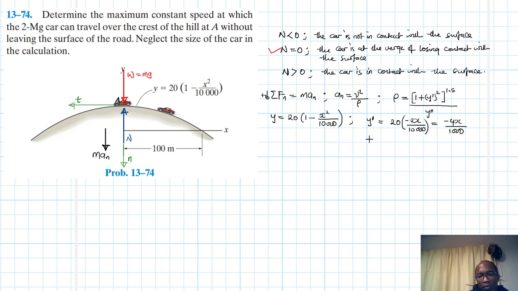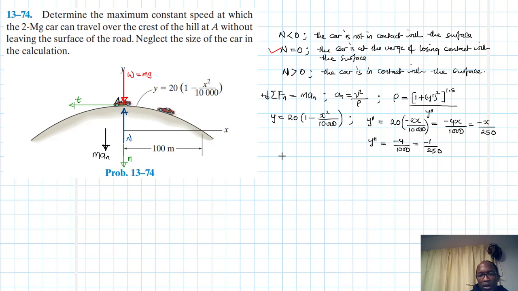And then we have y double prime, which is just equal to minus 4 over 1000. This also is just equal to minus 1 divided by 250.